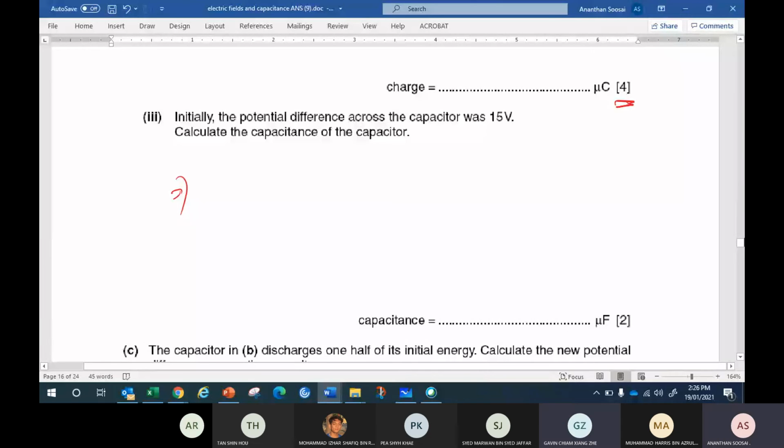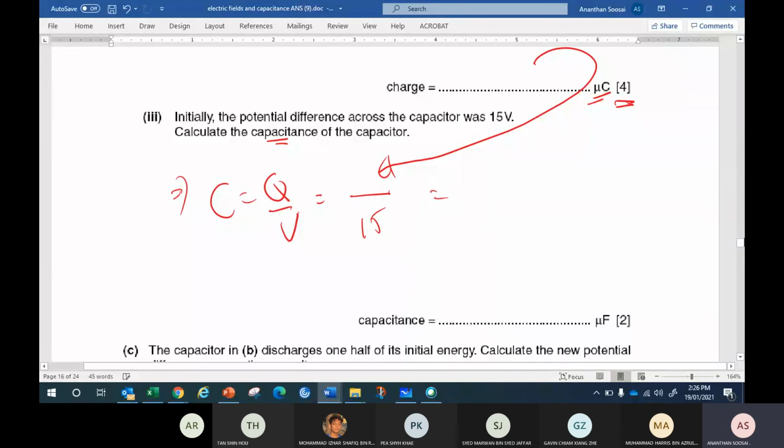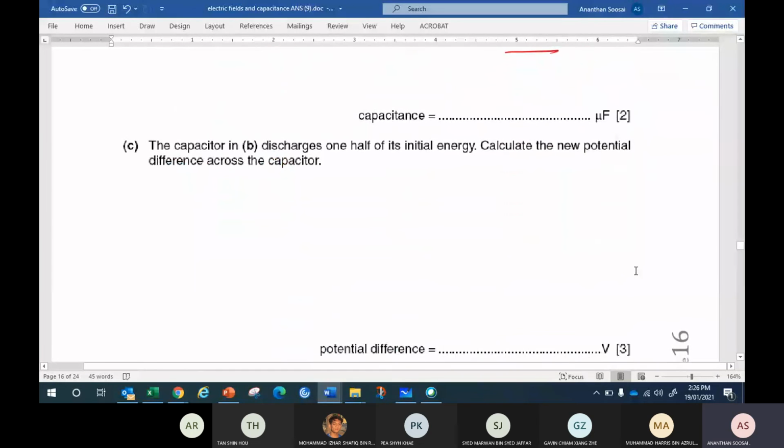Q over V. They want capacitance, so C equals Q over V. You got the Q, the total charge, and the voltage is 15, so you can find the capacitance. What unit do you get? The Q is in microcoulomb and the voltage in volts, so you get microfarad. Good. Next.